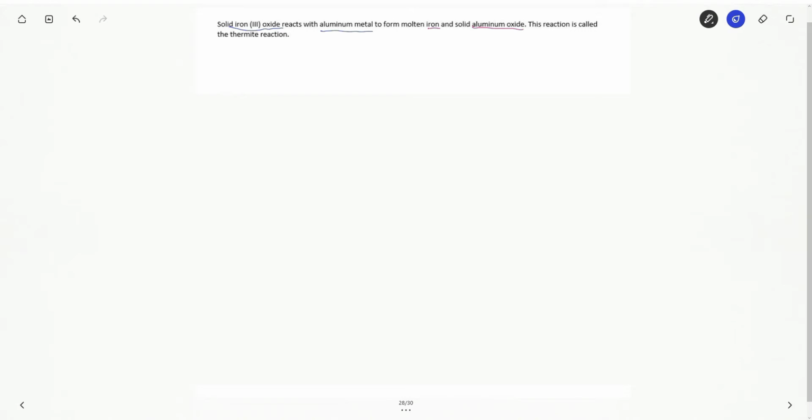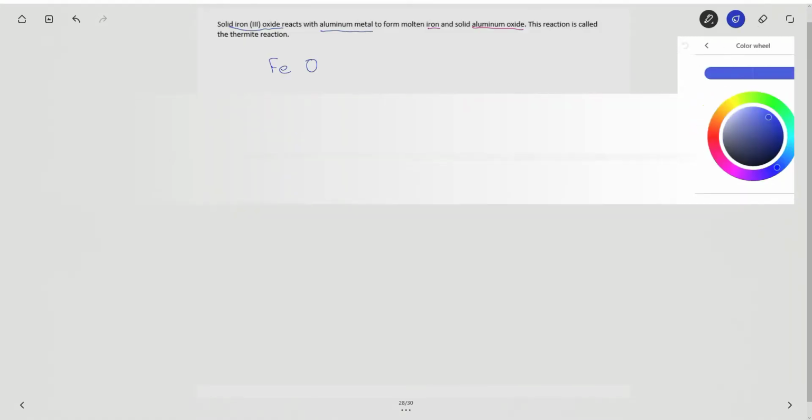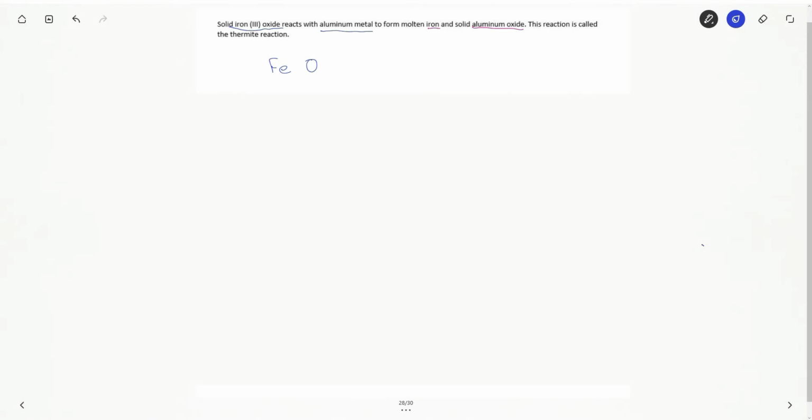Okay, iron 3 oxide. Iron. Oxide just means oxygen. Okay, our iron 3, again, the temptation is to just put a 3 here, but that is not correct. Actually, I'm just going to erase that, because of course the 3 refers to the oxidation state of the iron, not how many irons we have.